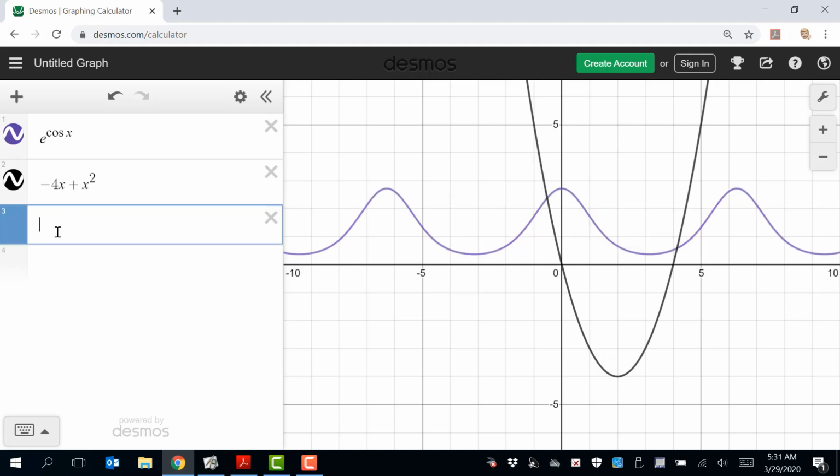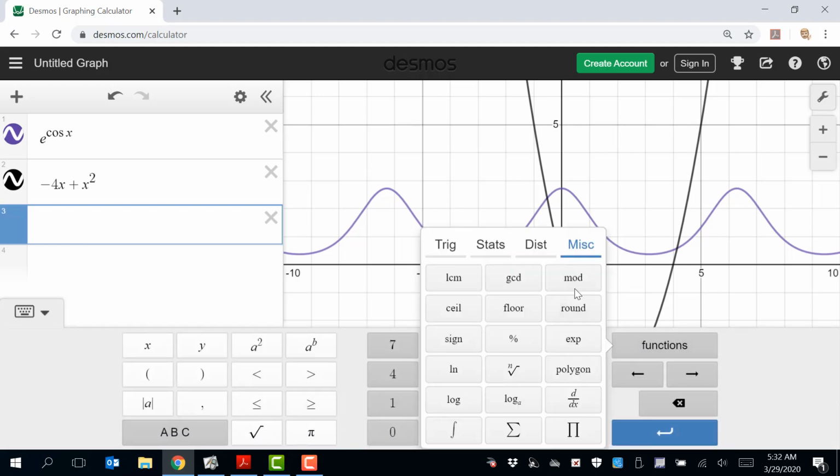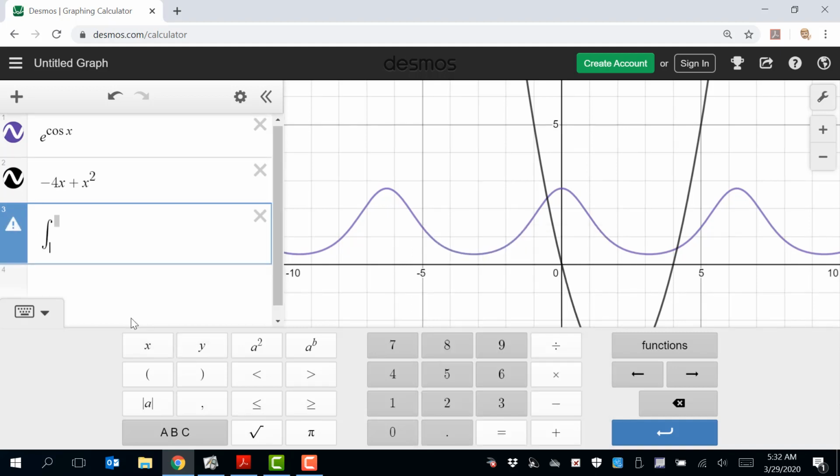So go back to line 3 and remember to select your keypad, select functions, miscellaneous, and select your integral. So again, that was negative 0.525, and the upper bound was 4.141.